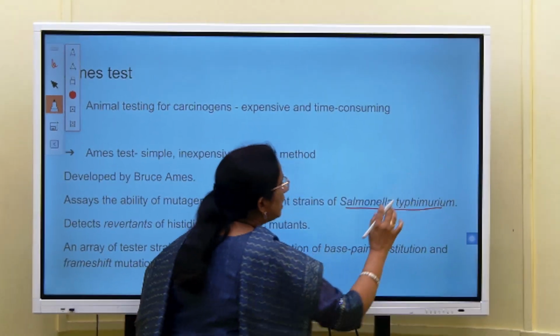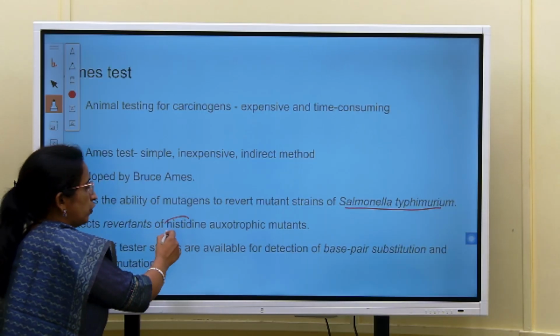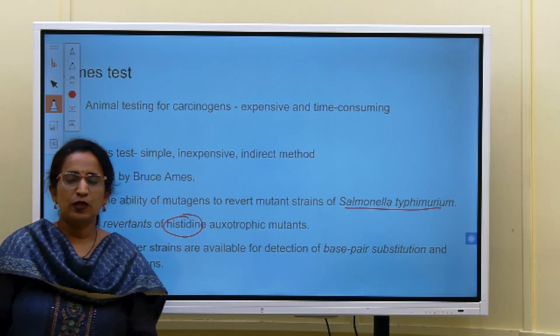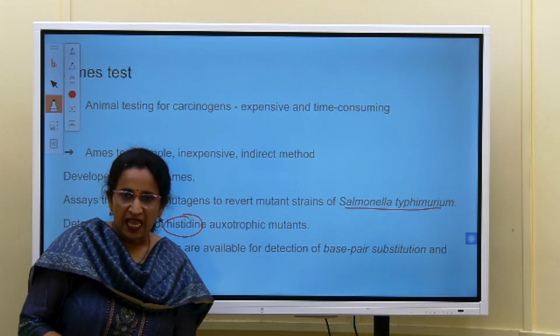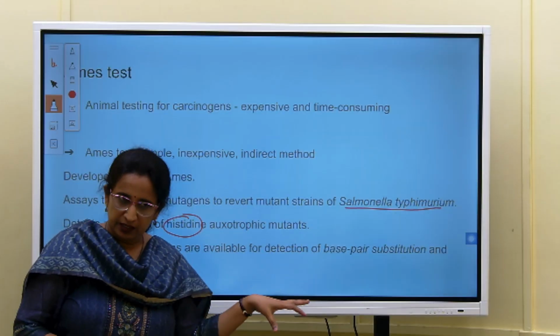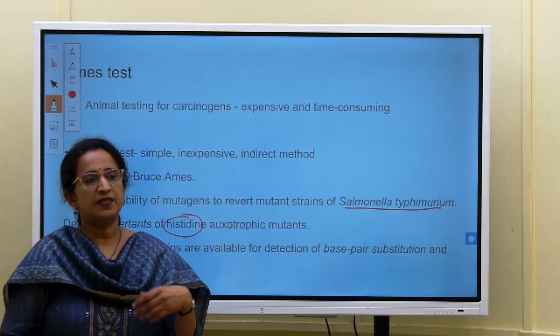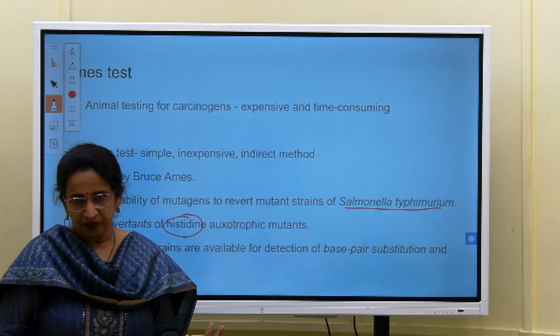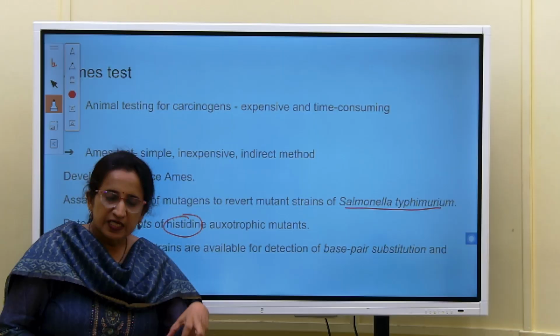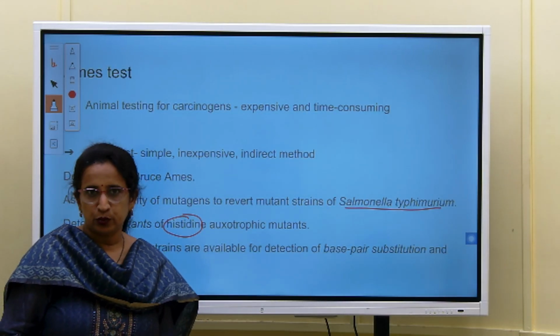These Salmonella typhimurium are actually histidine auxotrophs. Now histidine, as you know, is an amino acid, and these particular strains of Salmonella are mutants which are unable to synthesize histidine. It means they are auxotrophic for histidine. That means that if the Salmonella has to grow in a medium, you have to provide histidine to it.